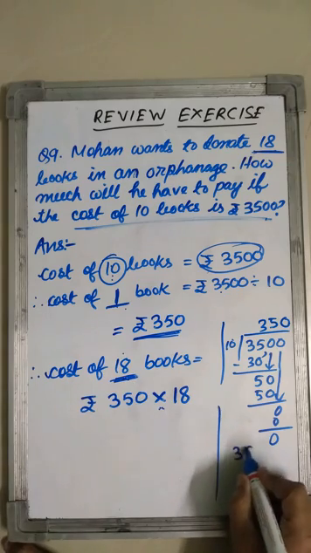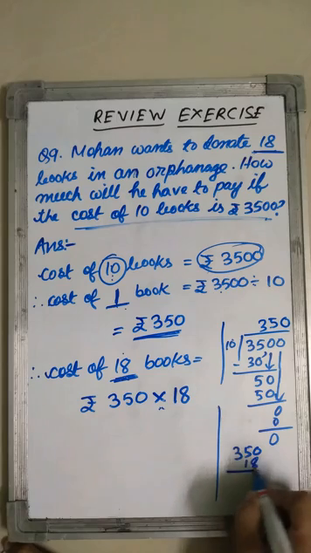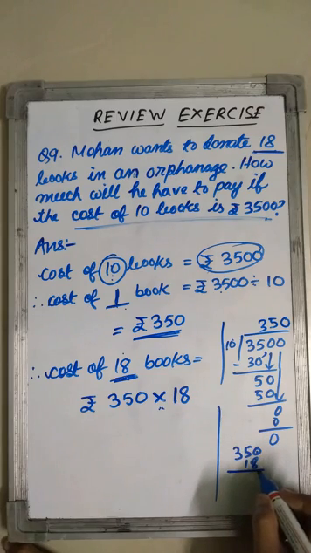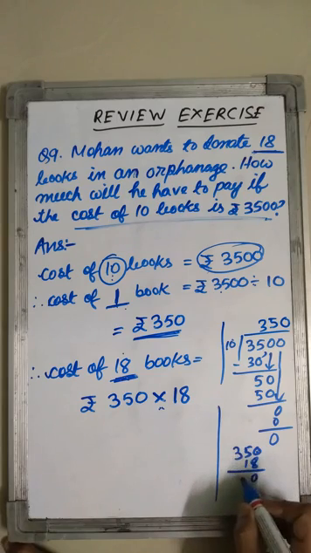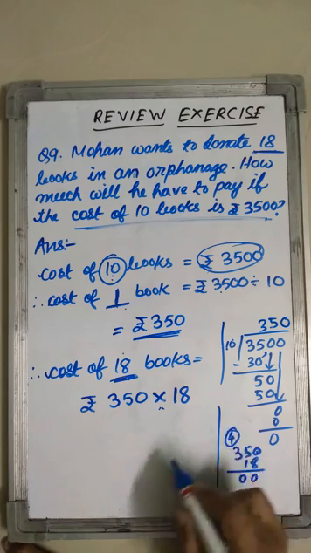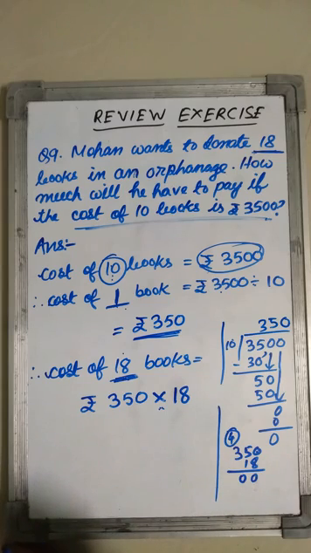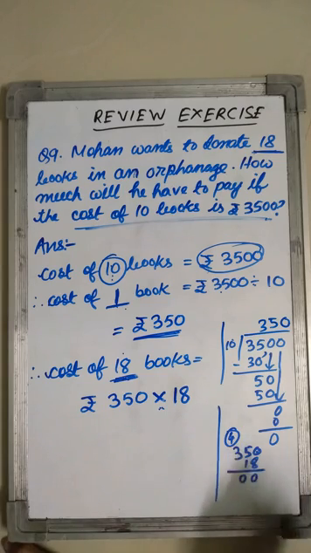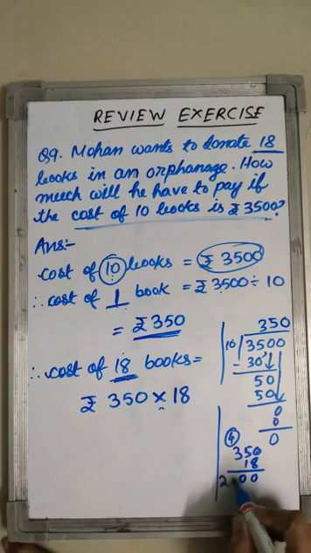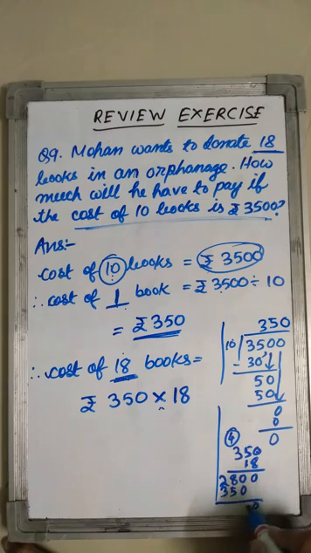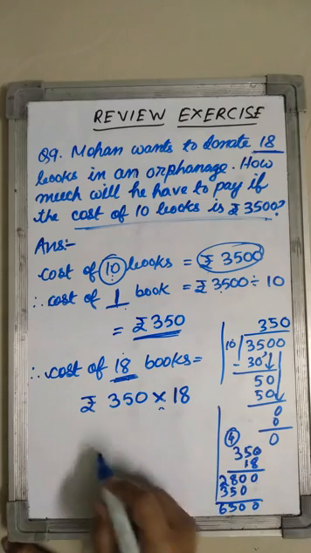So 350 into 18, if you multiply: 8 into 0 is 0, 8 into 5 is 40, 4 is carried forward to the next higher place, 8 into 3 is 24, plus 4 is 28. Then 1 into 0 is 0, 5, 3, if you add it is 6300.